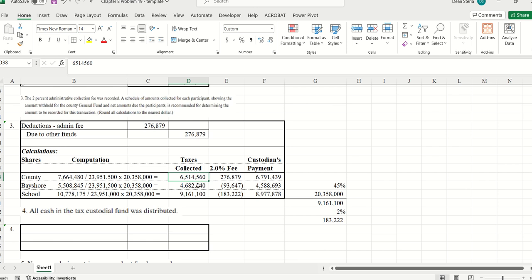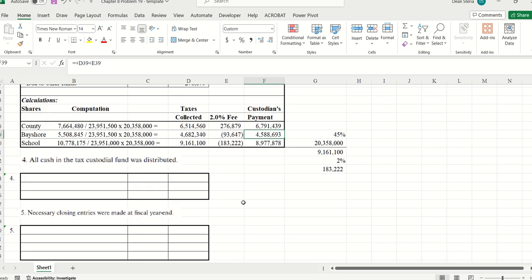Okay, and then for these two down here, we took 2% of that, and that's what we got. And that's a negative number because it's coming out of their taxes collected, and it's going to the county that collected the taxes. So you take the taxes collected minus the fee, and that's how much you actually get. And then the same thing goes with that. I hope that's clear.